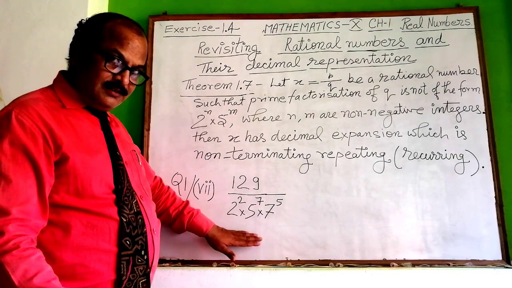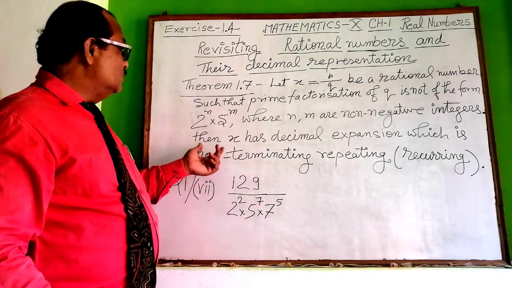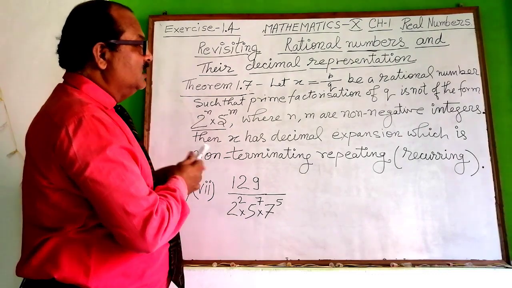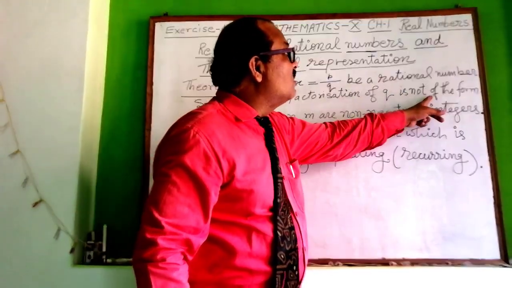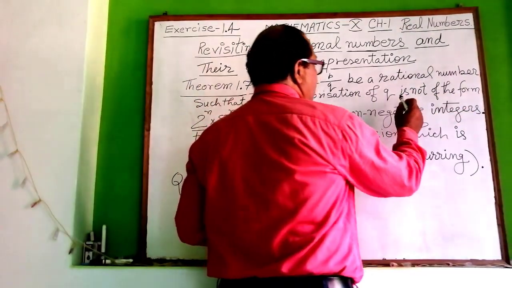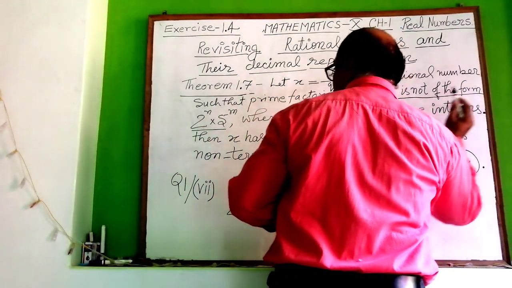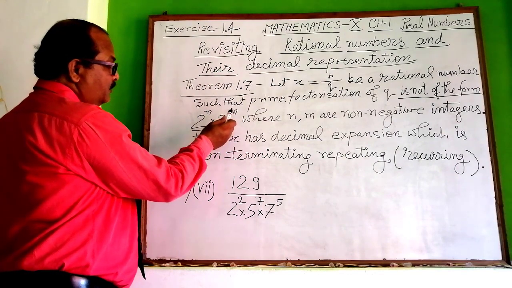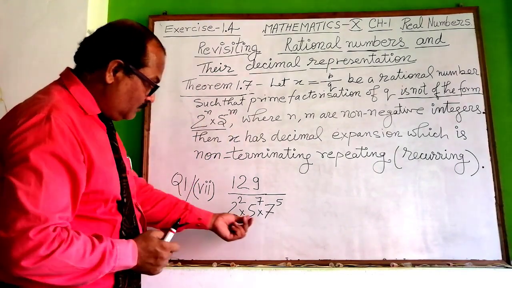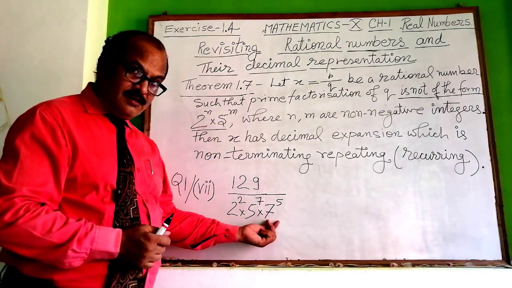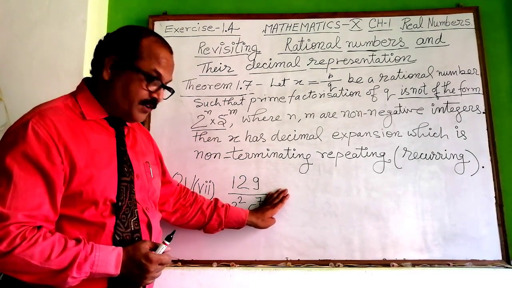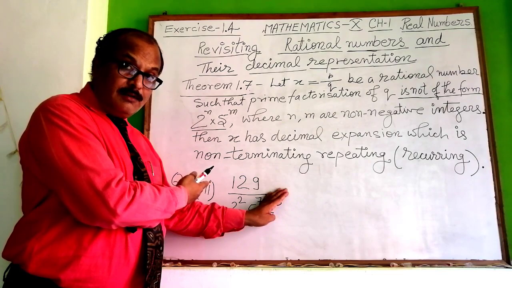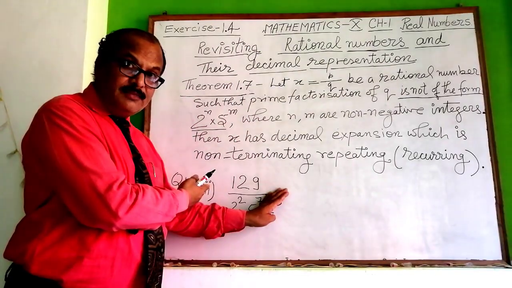You can check it. You can see this theorem. Here it is written that q is not in the form of 2 raised to the power n, 5 to the power m. Here one more factor is coming. If it is not present here, then you can say this rational number is a terminating decimal.